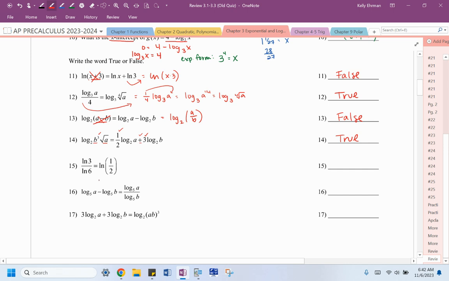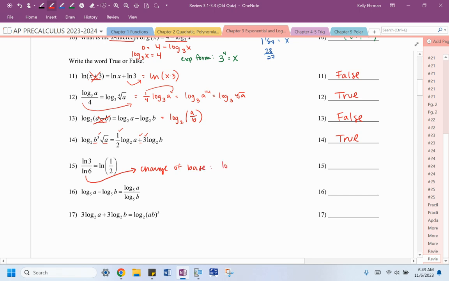All right, now this is kind of tricky. The natural log of 1/2, is that the same as natural log of 3 over 6? Because like 3 over 6 divides out. Natural log of 1 divided by 2 could be natural log of 1 minus natural log of 2. Anytime I see a natural log divided by a natural log, or a log divided by a log, you could say change of base.